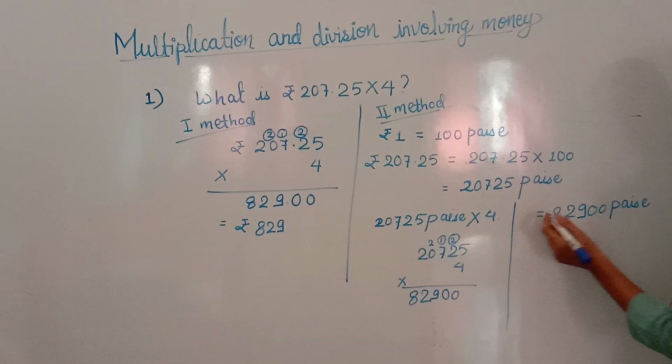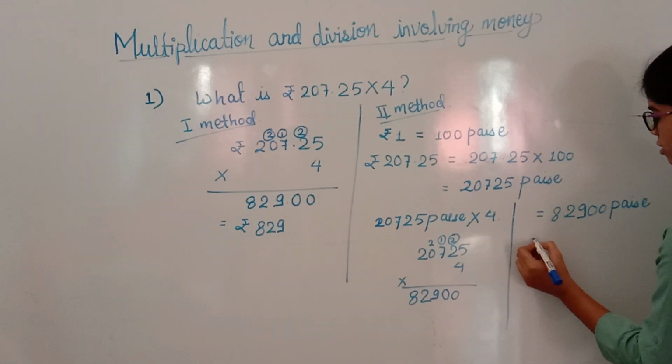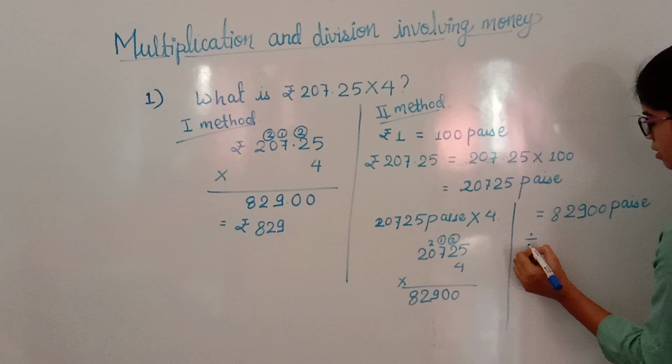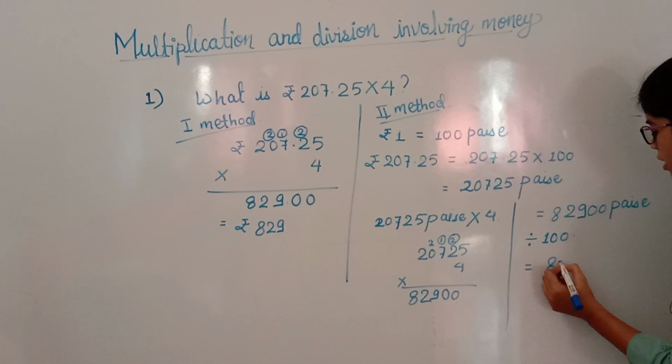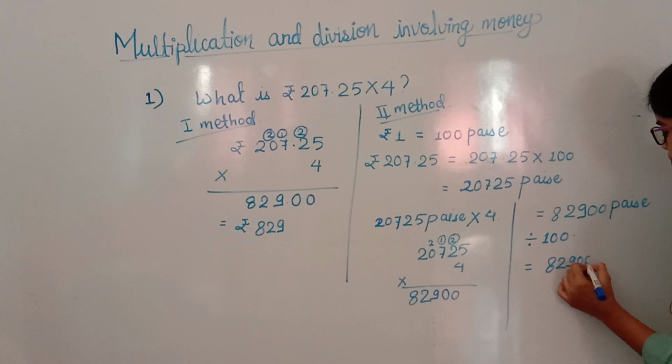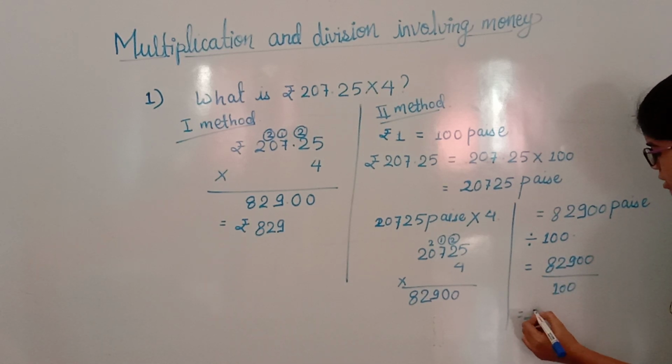After this, we have to convert this into rupees. So we divided by 100. 82,900 divided by 100, and we got rupees 829.